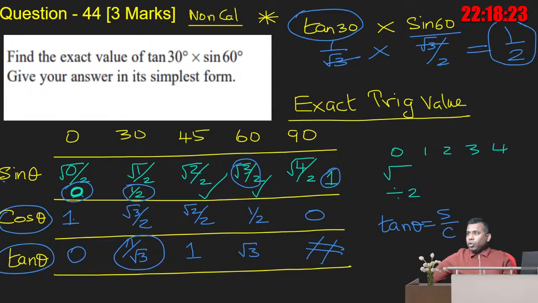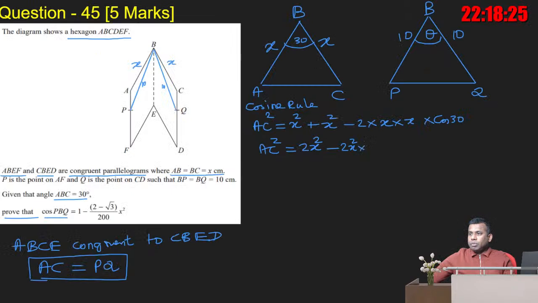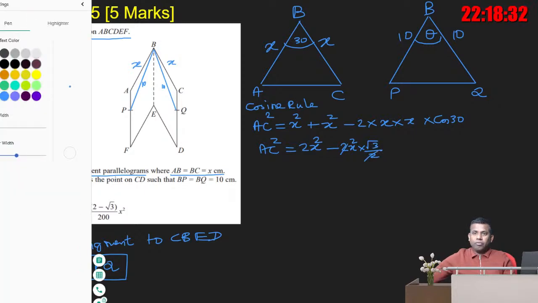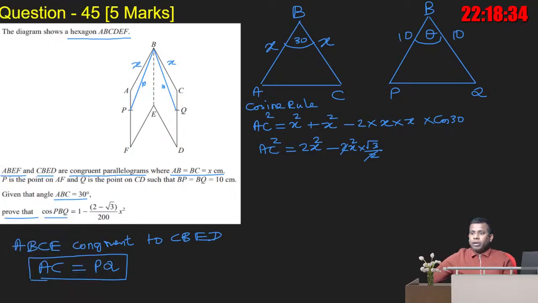Cos 30 is root 3 over 2, so times by root 3 over 2. That 2 and 2 cancel. I'm writing AC squared equals 2x squared minus x squared root 3.